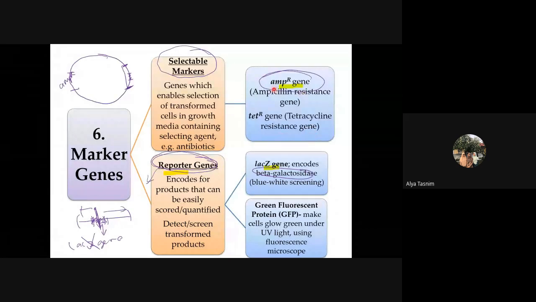Okay, so ini ada pada plasmid tu. So bacteria having plasmid that has the selectable marker ampicillin gene, it allows the bacteria to survive in the medium that contains ampicillin. Kalau bacteria tu tak ambil plasmid, maksudnya dia akan mati kan, sebab dia tak ada ampicillin resistant gene. Faham?